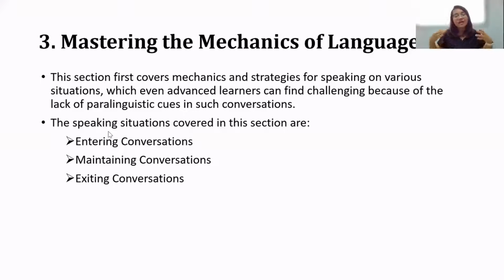And for every phase of it, we have different mechanics of language, different strategies, and different ways to carry it out. Now let's start from entering and maintaining conversation. How are we supposed to enter or start a conversation, and in what way can we maintain a conversation so that the conversation is enjoyable for both parties?